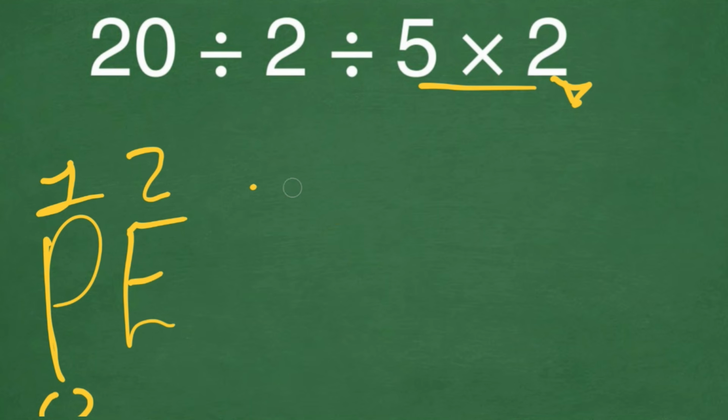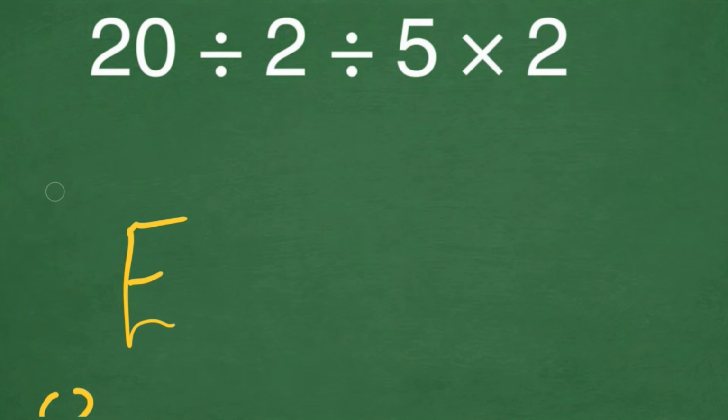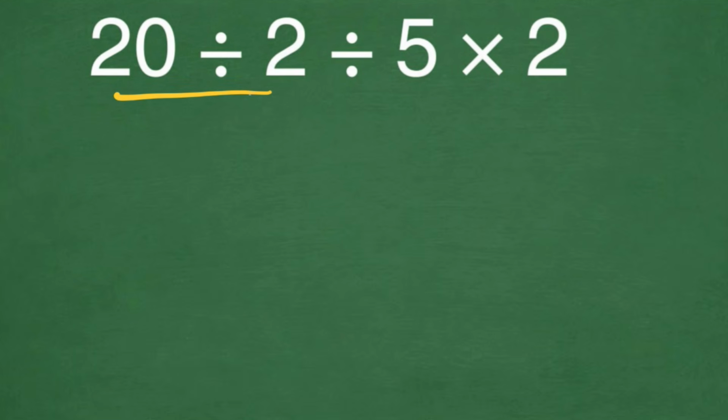Okay, let's do the maths together and solve this tricky question. So 20 divided by 2 is the first step, since we are going to simply solve the problem left to right.